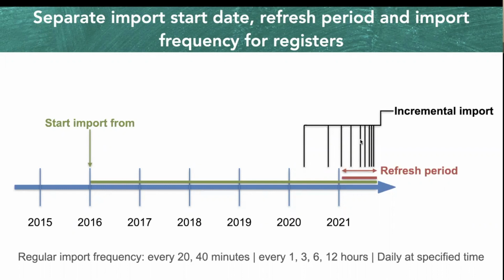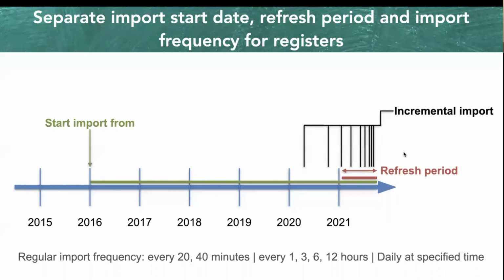Now, for some cases, the incremental import doesn't work. Historically, it wasn't available at all, and we used the refresh period for that. Right now, there are two registers, transactions and item history, that don't have incremental import enabled in Hansa World by default. Meaning, in order to have incremental import for transactions and item history, you need to change some code in Hansa World and then export and import the whole database.